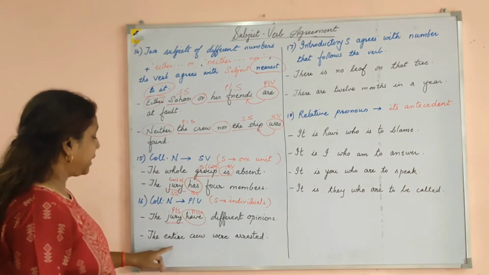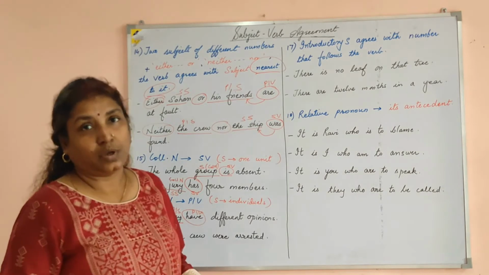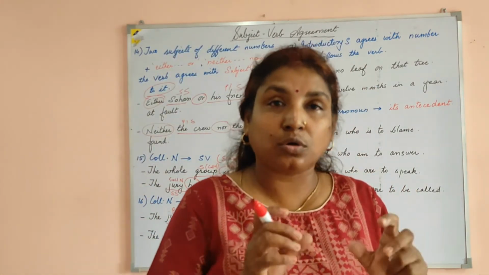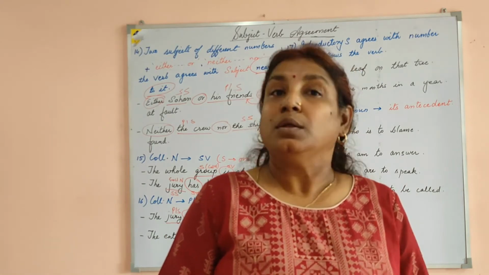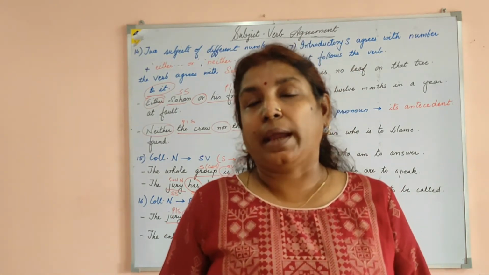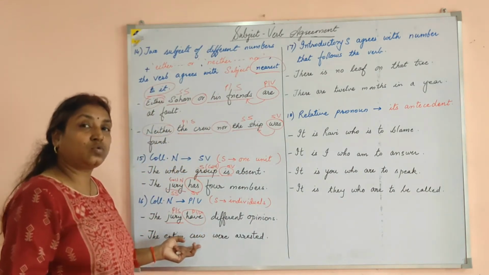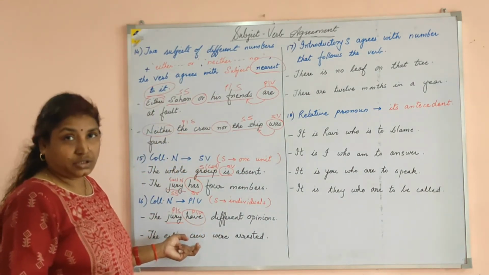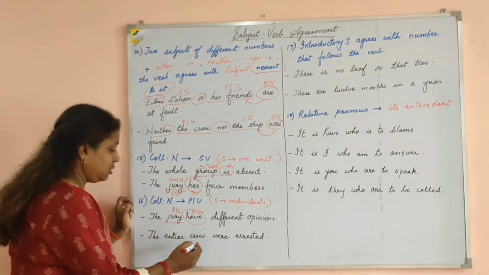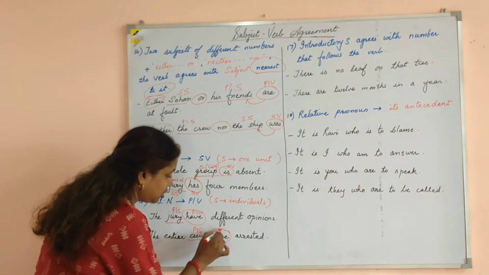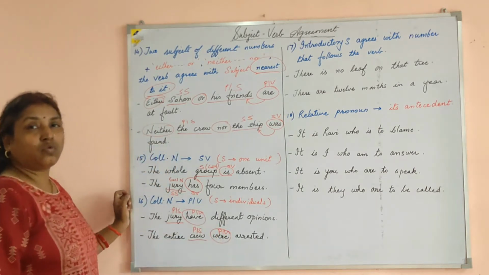Next example, the entire crew were arrested. Crew is a group of individuals working on the ship. Something went wrong and the entire crew, meaning each and every member of that crew, was arrested, and hence here the crew becomes a plural subject, and your verb is a plural verb.